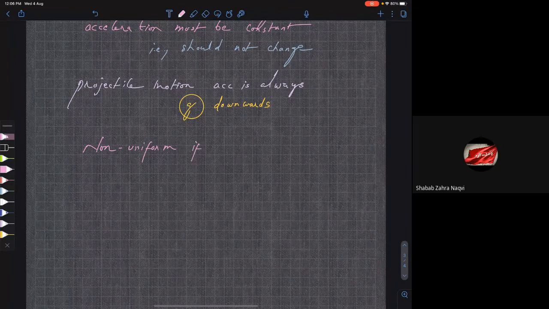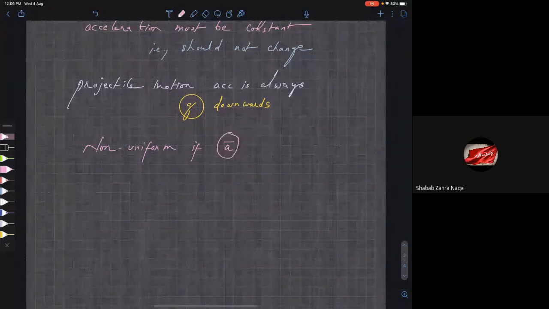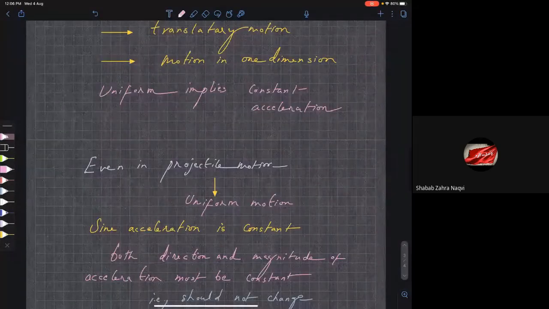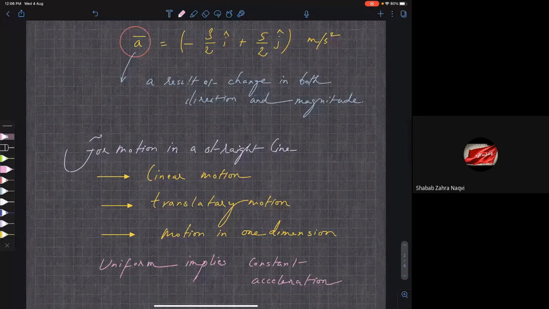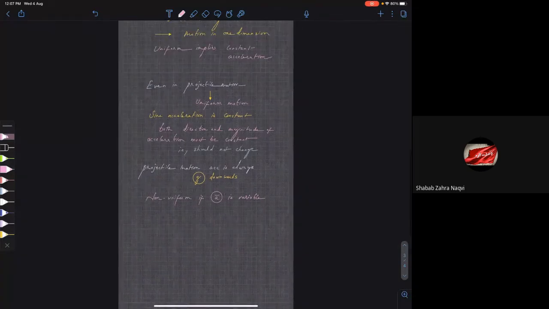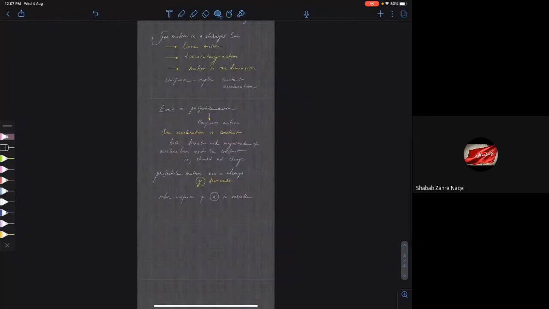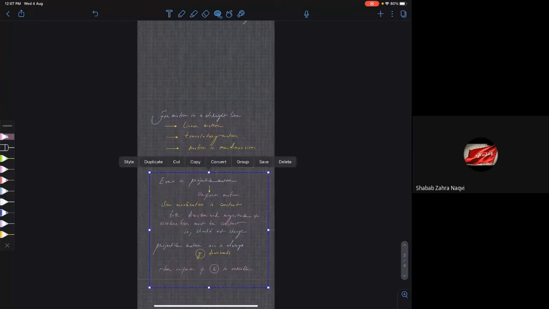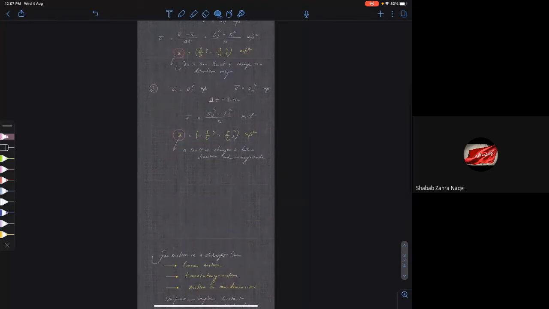If a is not constant, variable. Clear? So these are all the definitions for translatory motion, or when we are talking about linear acceleration, linear velocity, etc. These are all the definitions of uniform and non-uniform. Clear?